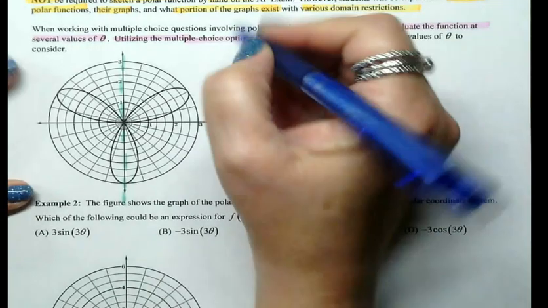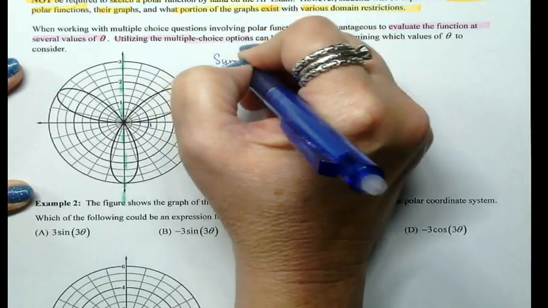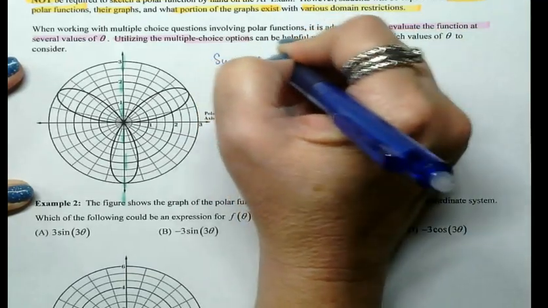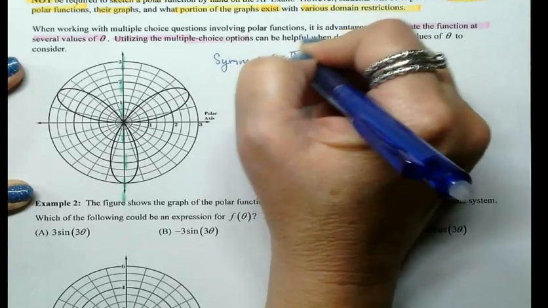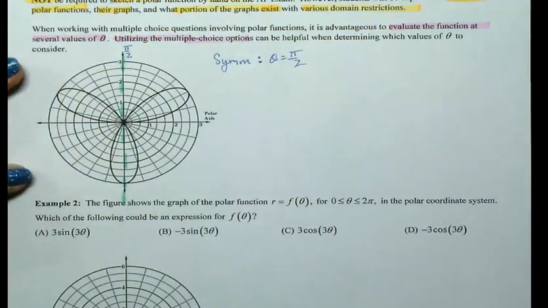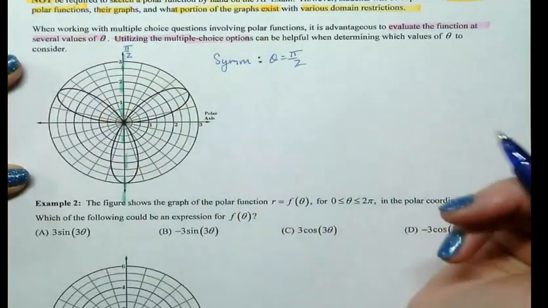So the first thing I'm going to make note of is we said it's symmetric with respect to theta equals pi over 2. That's this piece up here. Okay, and so what that means is points on this side should have a mirrored point on this side.